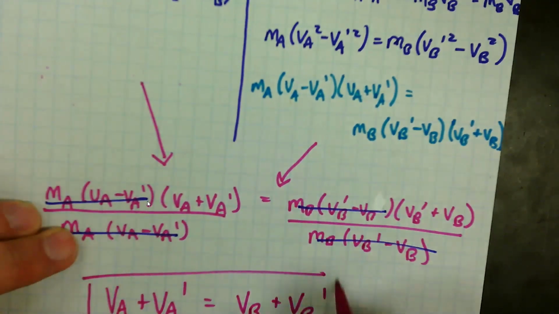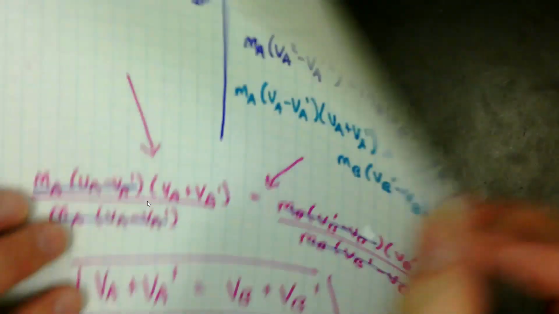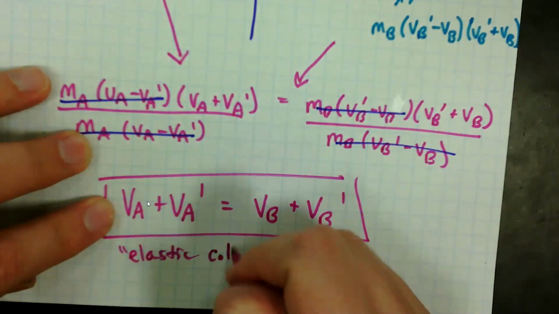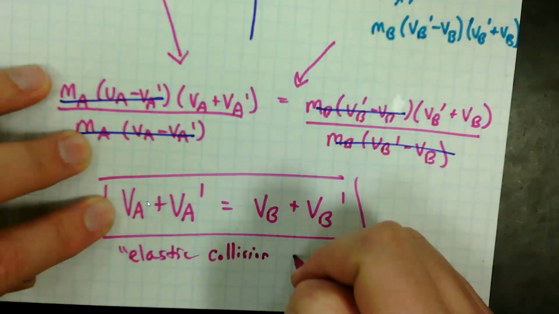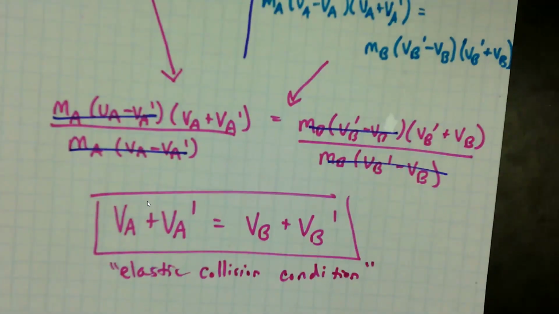This is what I'm going to call the elastic collision condition. If a collision is elastic, it must obey that equation, right? That equation has to work if ever it's an elastic collision.